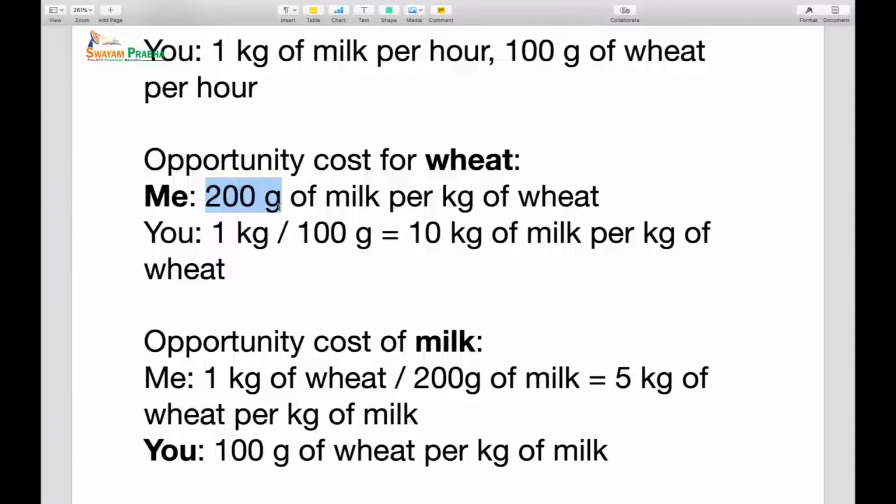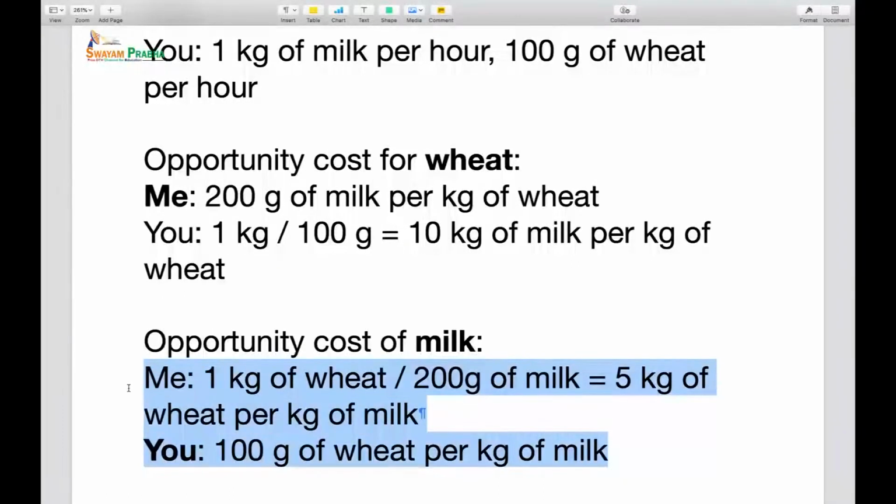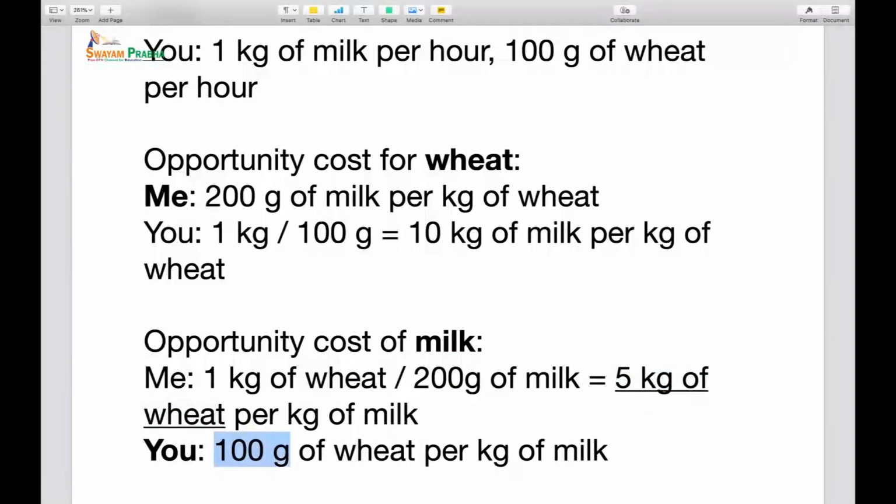So for you, the cost of milk is 100 grams of wheat, whereas in my case, the cost of milk is 5 kg of wheat. So in this case, my value for milk is much greater. My value of milk is 5 kg of wheat. Your value of milk is 100 grams of wheat.